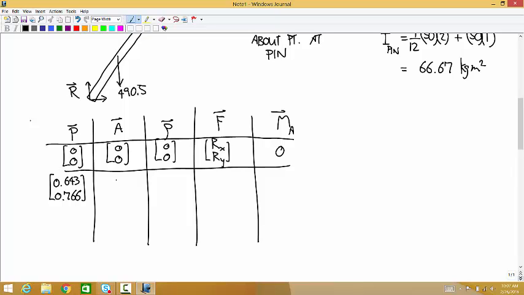That's the midpoint. Same about point. So the row vector is 0.643, 0.766. The force vector is 0, negative 490.5. And what do you get? 0.643 times 490.5. Okay.